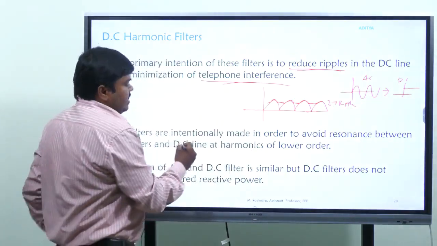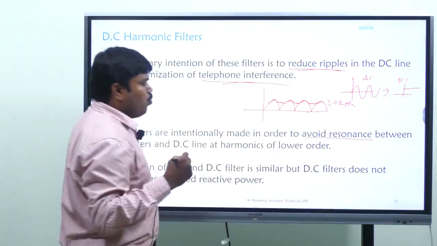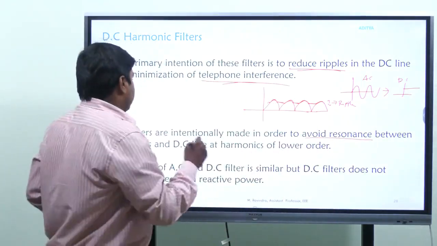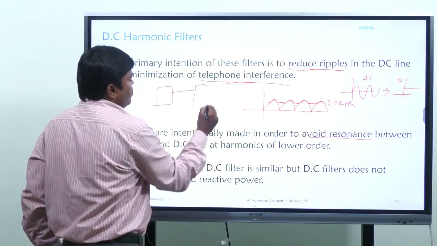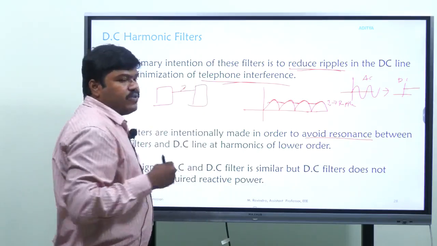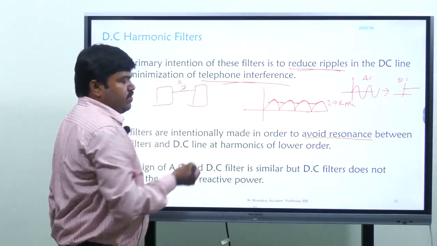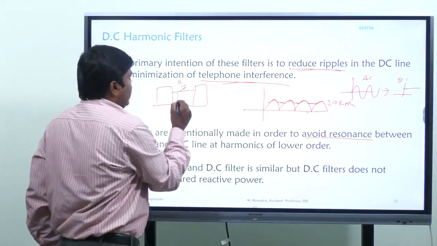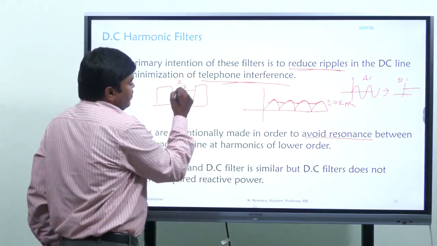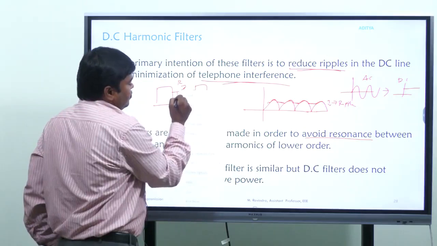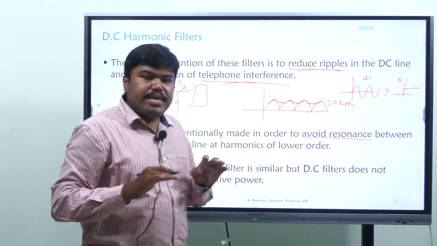These filters are also intentionally designed to avoid resonance. Why avoid resonance here? The transmission line has some impedance; in the case of AC we call it impedance, in the case of DC some resistance value. If we connect a filter here, the impedance of the filter and the impedance of the transmission line should not be equal.